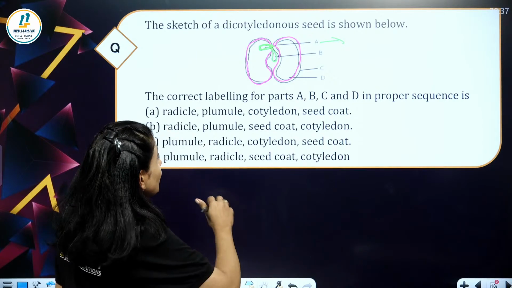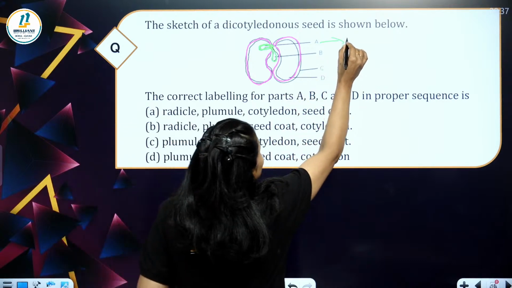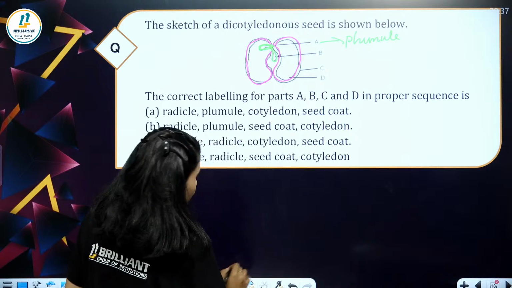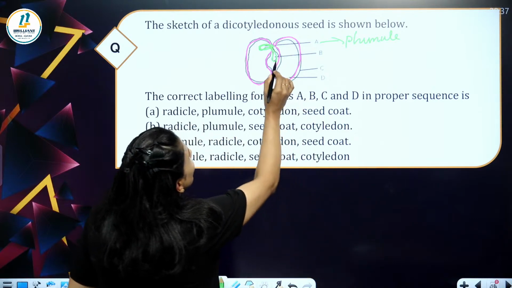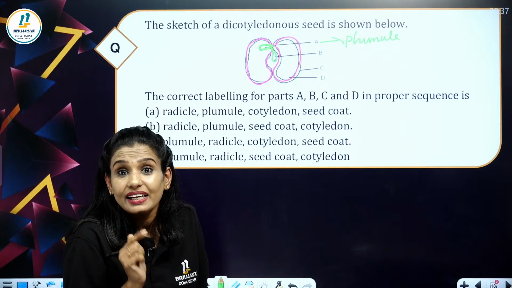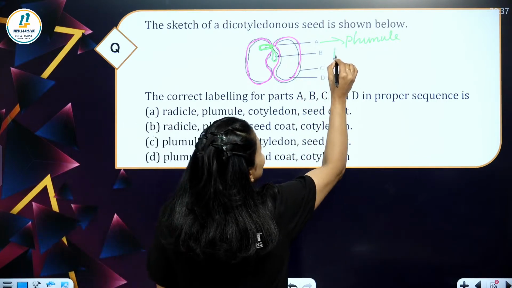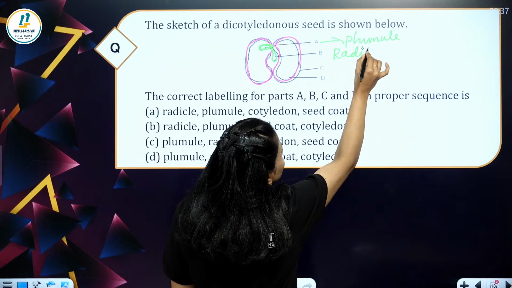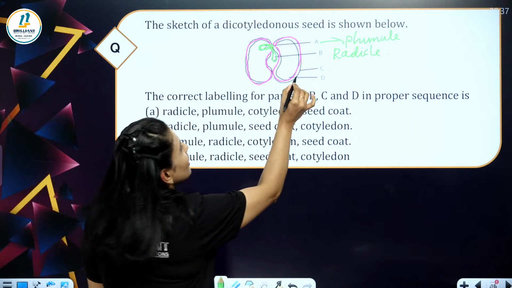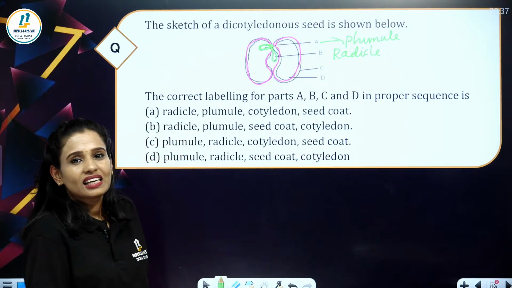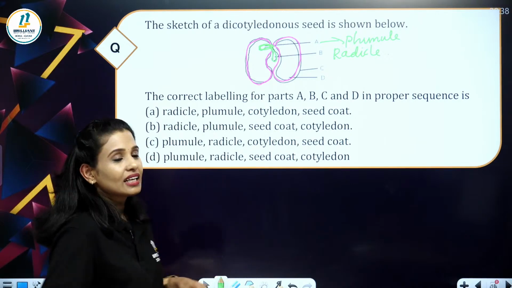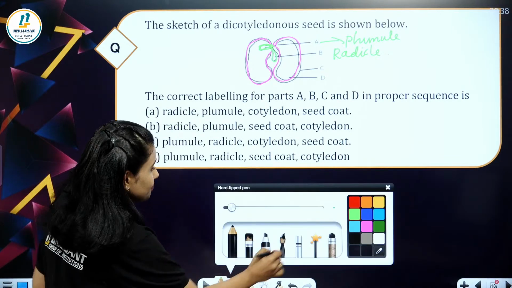Can you comment? It is plumule. And which is B? It is called the radicle. And C, which is marked here, is the seed coat.